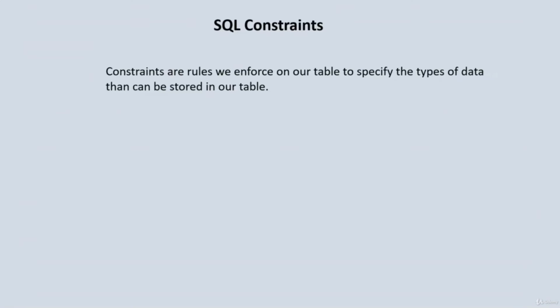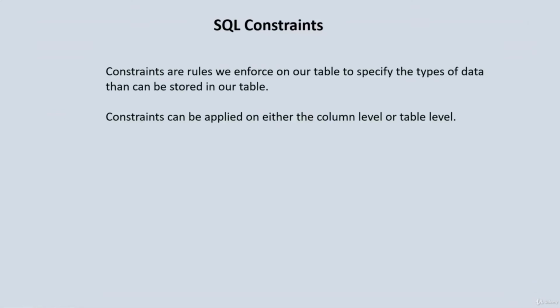The next topic I would like us to talk about is SQL constraints. Constraints are rules we enforce on our table to specify the types of data that can be stored in our table. Also, constraints can be applied on either the column level or the table level.